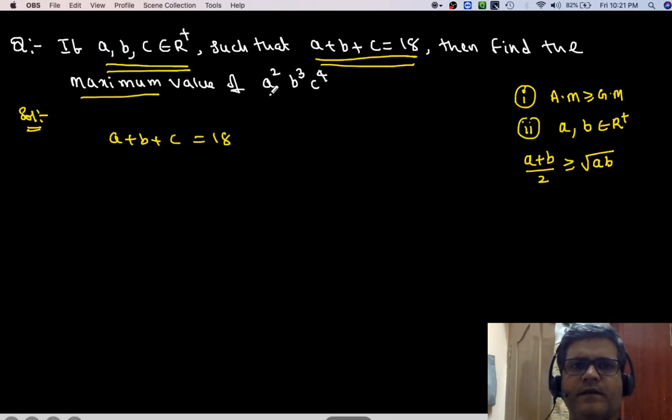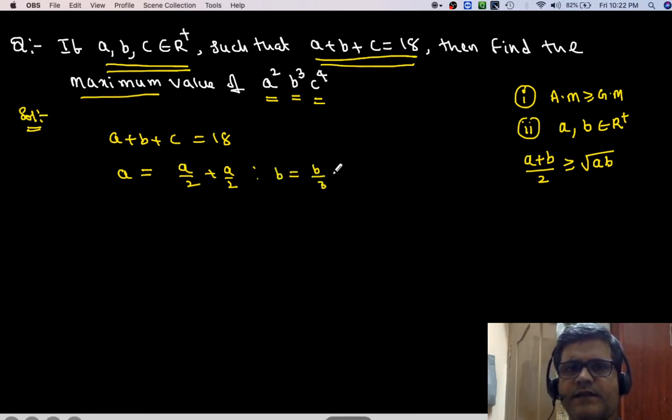Here, how many a's are there in the question? 2 a's, 3 b's and 4 c's are there. So since 2 a's are there, you generate 2 a's, that is, you can write a as a by 2 plus a by 2. Similarly, 3 b's are there, so you write b as b by 3 plus b by 3 plus b by 3.